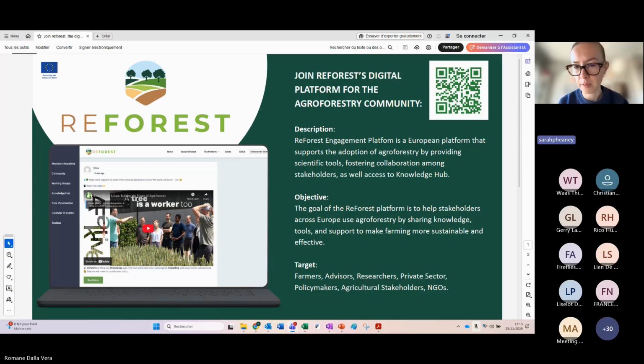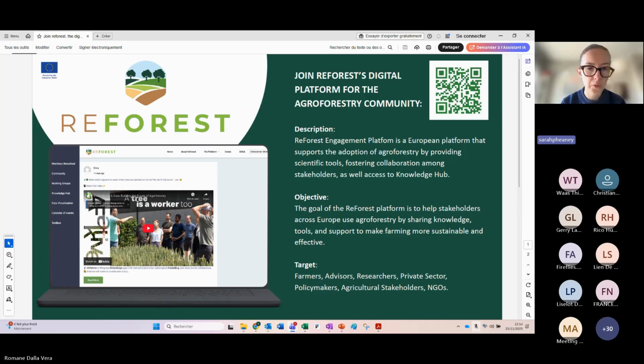The TLforest engagement platform is a European platform that supports the adoption of agroforestry, and we do this by providing scientific tools, fostering collaboration among stakeholders, and giving access to features such as the Knowledge Hub and the toolbox that we've just launched.